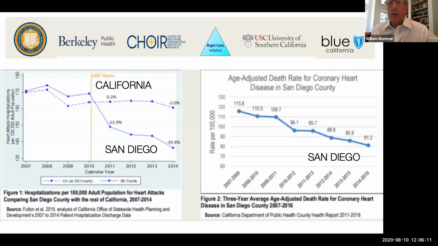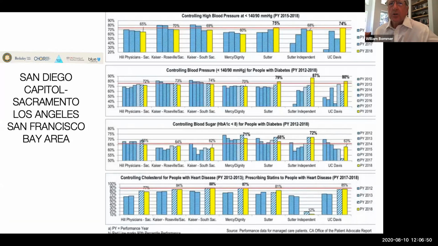And there was an association of a reduction of hospitalizations for heart attacks in the city or the county of San Diego at that time, just at the time when the right care best practices began to be implemented. That was also associated on the right with a reduction in the all-important mortality or death rate for disease in San Diego County, which showed a continued drop in mortality as well. Those initial efforts, next slide, were expanded to 4 areas.